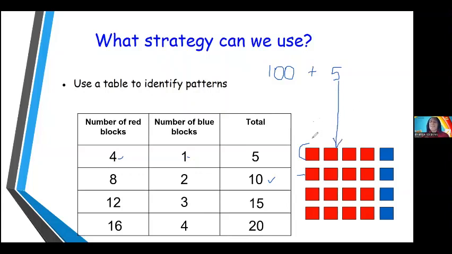So that is already taken care of. So now we have the 100 to take care of. And with that in mind, we could go to our table and see which of the pattern we could use there to help us break down the number here, and also to decide how many would be red, how many would be blue.